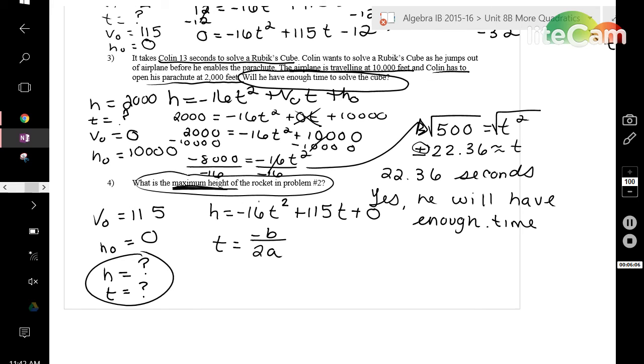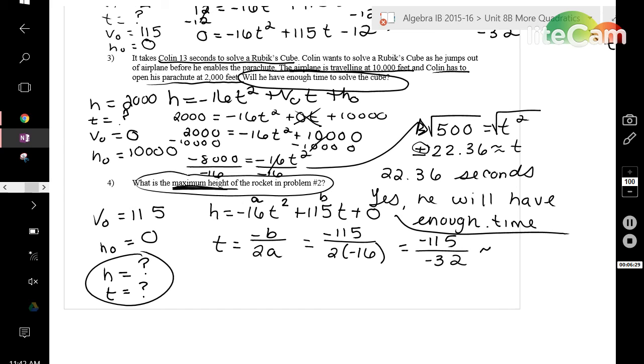In this case, a is negative 16, b is 115. So I'd have the opposite of 115, which is negative 115, over 2 times the a value of negative 16. If I simplify the bottom, I have negative 32 on the bottom.